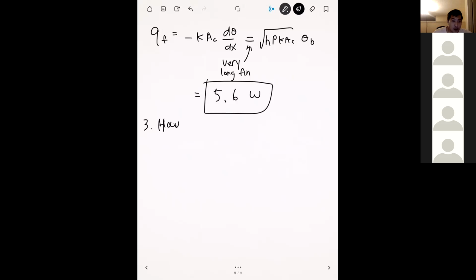Right, so that was part 2. And so for part 3 of this problem, we want to find out, how long is this fin actually? Which might seem difficult to solve because that's a physical dimension that we weren't given in the problem. But what we do know is that we're assuming that the temperature of the fin very far away is going to be very close to the fluid temperature.